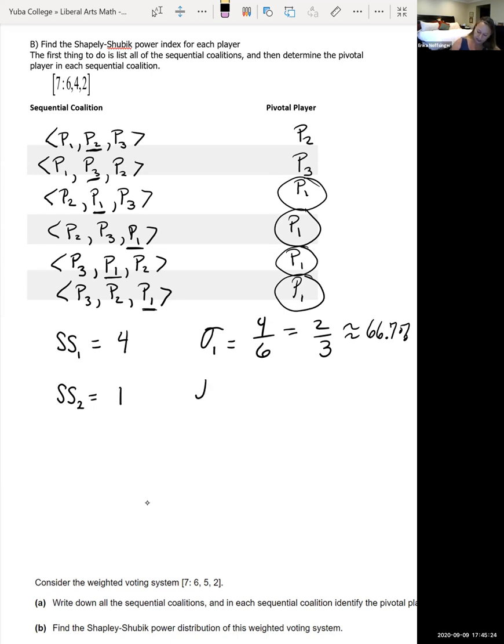And so their Shapley-Shubik index is 1 out of 6, which is approximately 16.7%. Player 3 also was a pivotal player once. And so the Shapley-Shubik index is 1/6, which is approximately 16.7%.